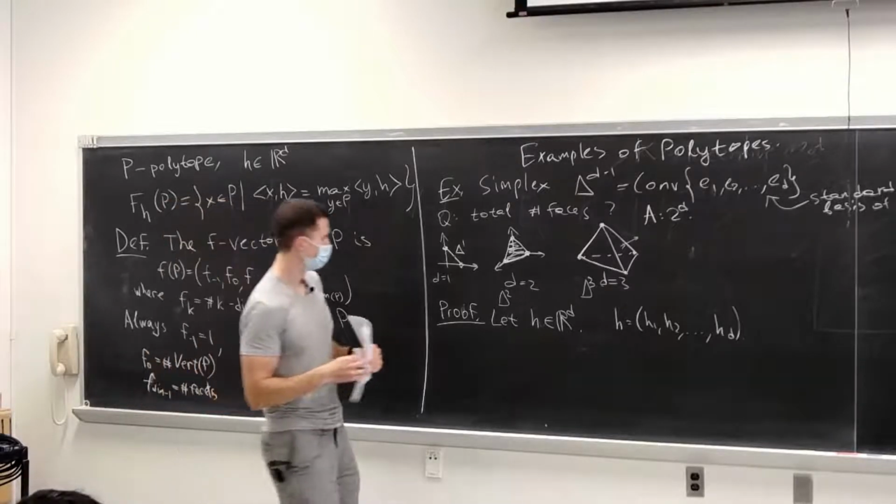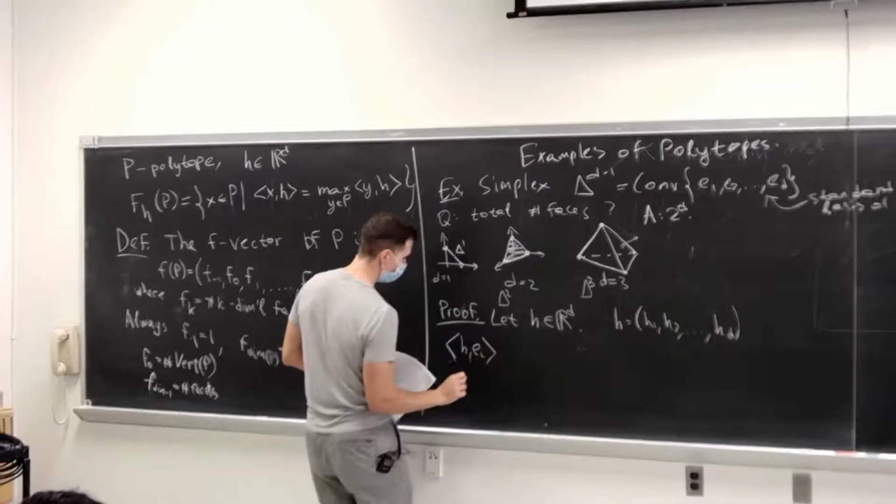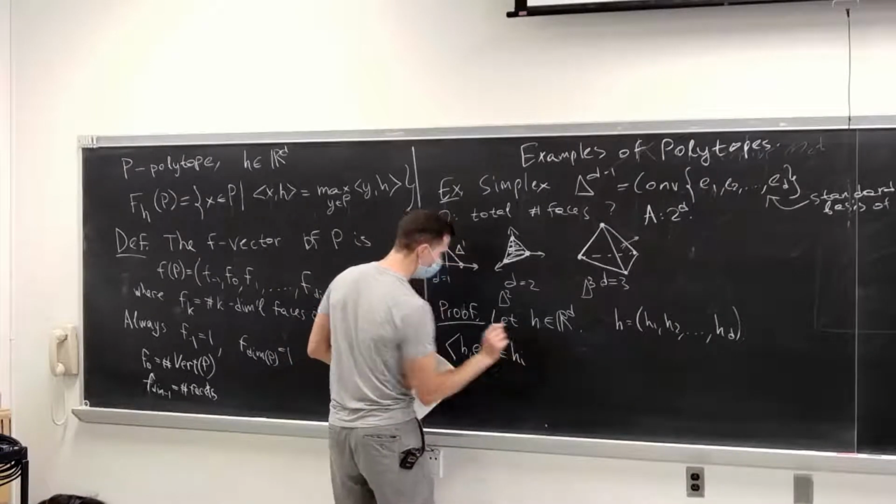Okay, nice, very nice. The dot product with e_i is just H_i.